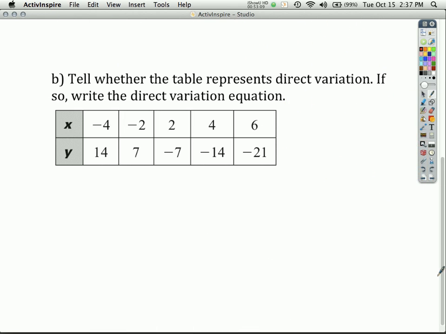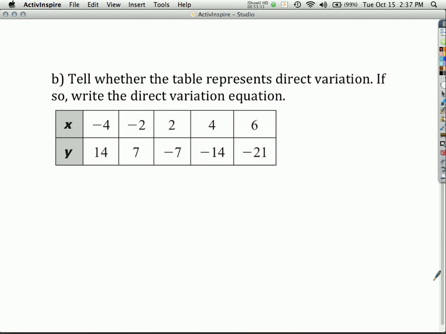So now, part B is the only one that's a little bit different than all the others. This time you do have to copy the table because it's not going to make sense unless you do.